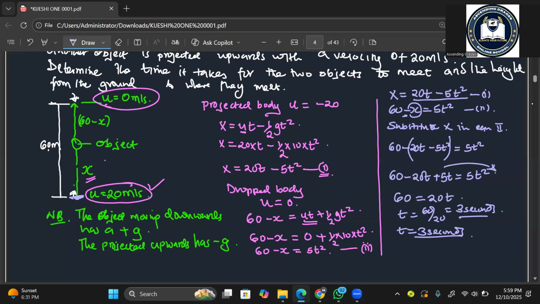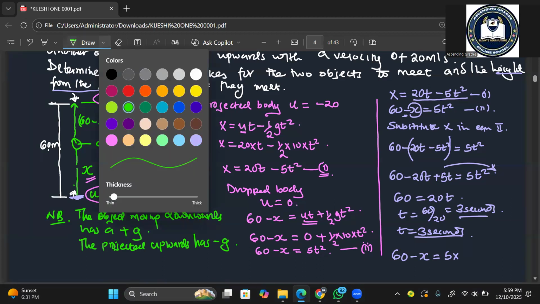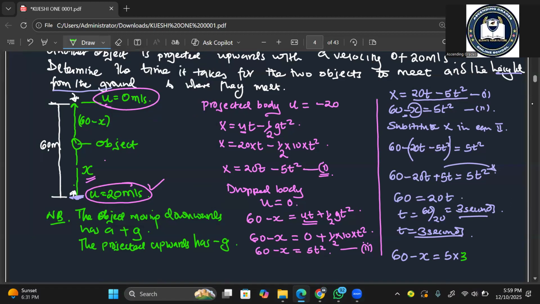Now we want to find the height from the ground. So substitute t in the second equation. We shall have 60 minus x is equal to 5 times t, which is 3 squared.